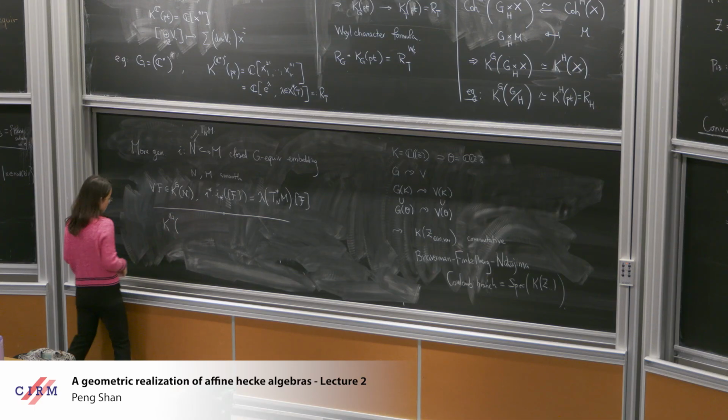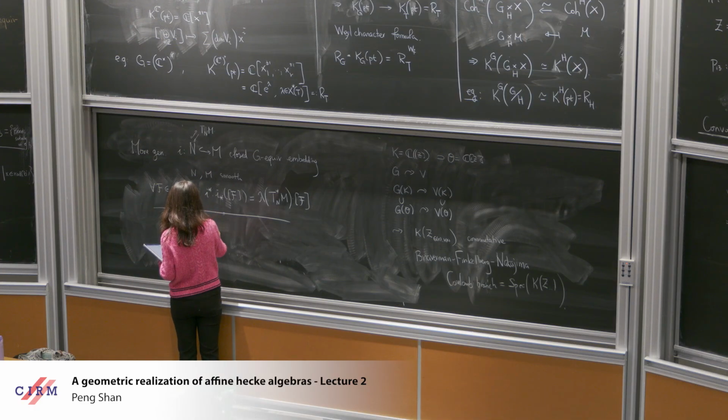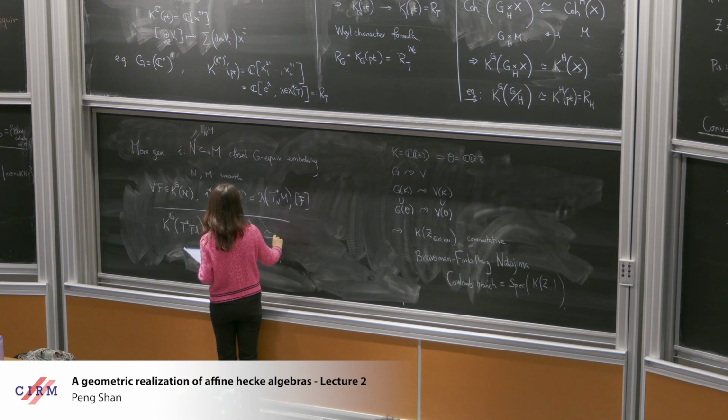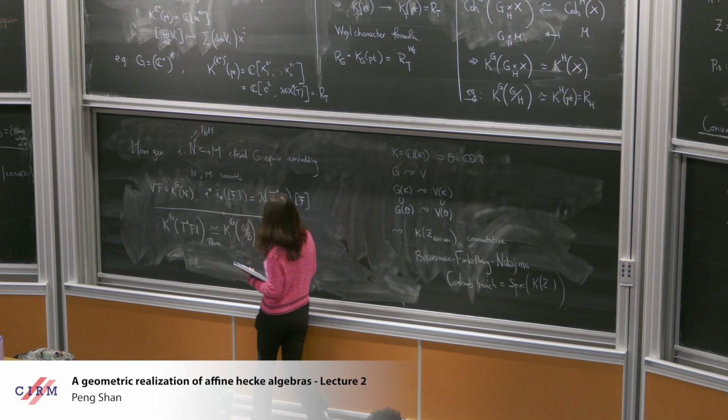So I put my bold G, but it doesn't matter so much. T star of G, the flag variety. So this is a vector bundle over the flag variety. By Thom isomorphism, this is the same as G-equivariant K-theory of the flag variety, but the flag variety is just G mod B. And so by induction, this is the same as B times my C star action, equivariant K-theory of a point.